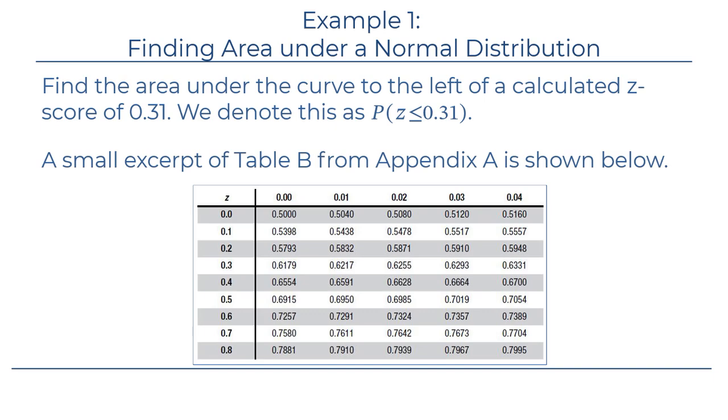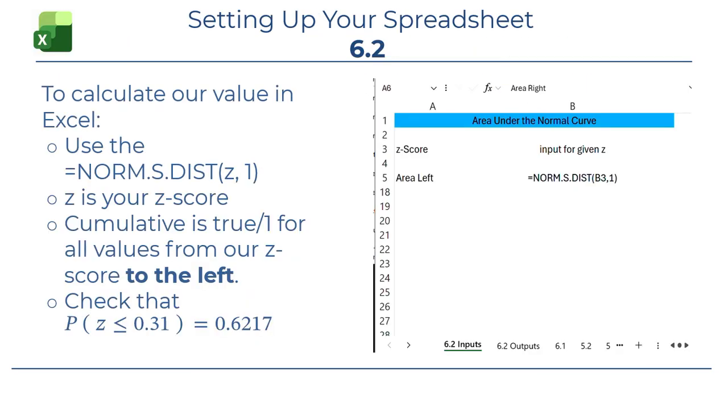We can see that as we move to 0.3 on the left-hand side and 0.01 together making 0.31, the intersection of those is 0.6217. So the probability that z is less than 0.31 is 0.6217.